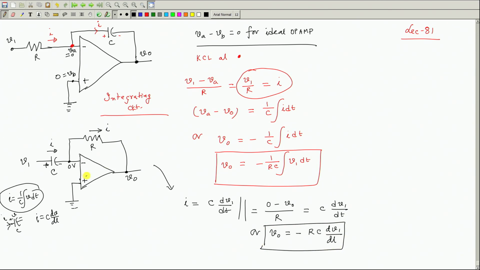So, this circuit will behave like a differentiator, that is, you give an input signal V1, at the output the voltage will be proportional to the differentiation of this signal. So, this can be termed as a differentiator.